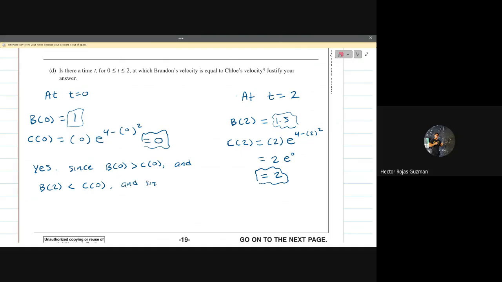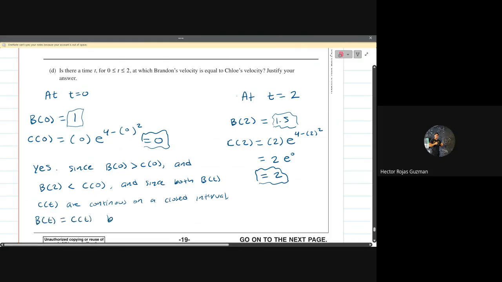And since both velocity functions are continuous on a closed interval, Brandon's velocity will equal Chloe's velocity by the intermediate value theorem.